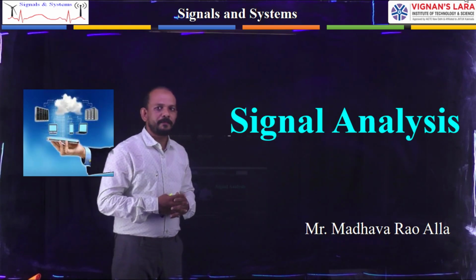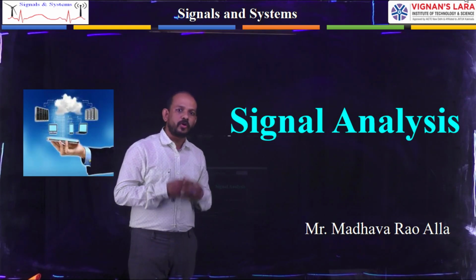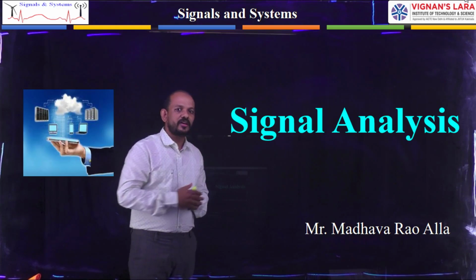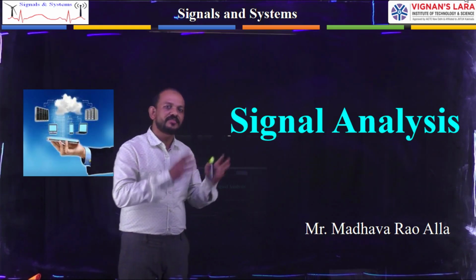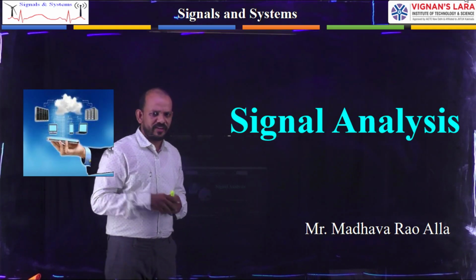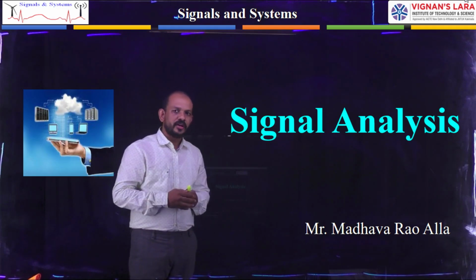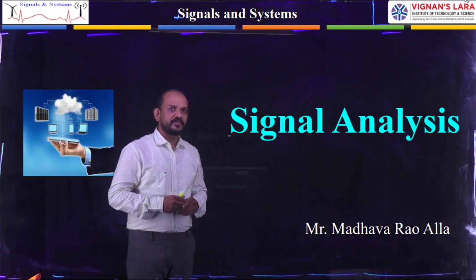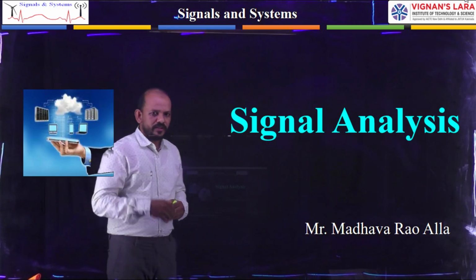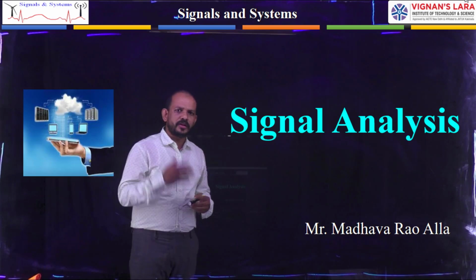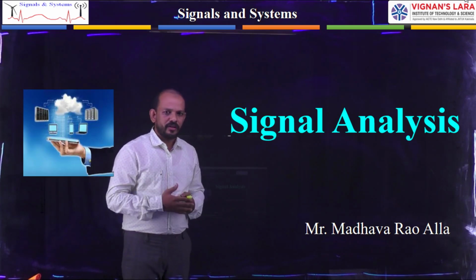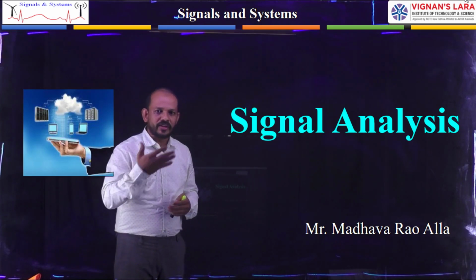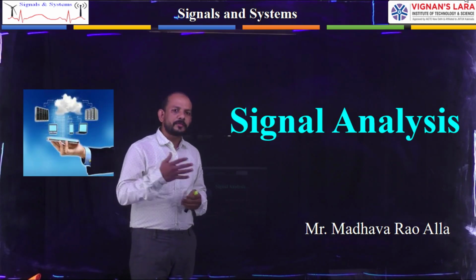So for that reason, I am going to the topic analogy between signals and vectors, or analogy between vectors and signals. So what is the analogy? Analogy means comparison. There is a perfect analogy between signals and vectors. In your intermediate and previous classes, you already learned what a vector is, how vectors function, and what the dot product of vectors is.